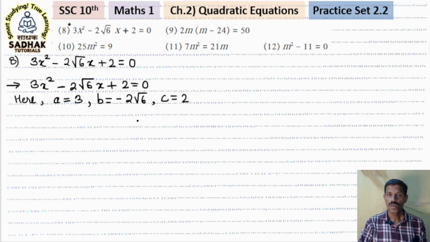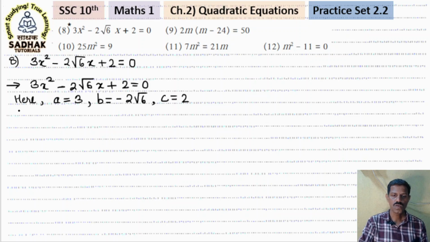We have seen earlier that in the factorization method, we try to find the factors of a multiplied by c, in such a way that the addition or the subtraction of those factors must give us the value of b.